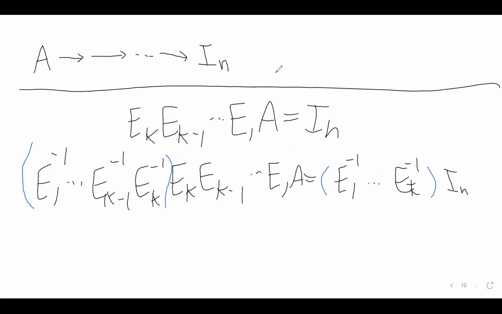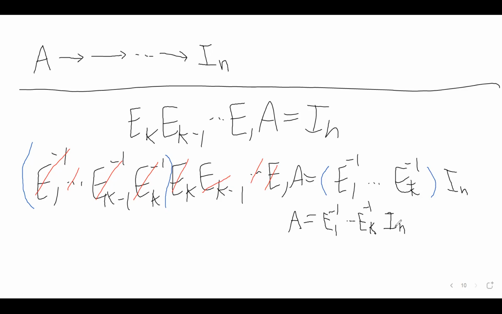Well, now what happens is that by the way I chose this product, Ek cancels with Ek inverse. Ek minus 1 cancels with Ek minus 1 inverse. Everything in the dot dot dot cancels one at a time, and E1 cancels with E1 inverse. So all these things cancel, and on the left side, the only thing left is A. On the right we have A equal to E1 inverse ... Ek inverse I sub n.